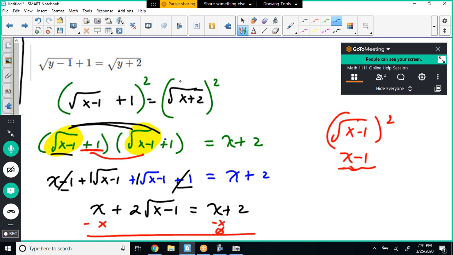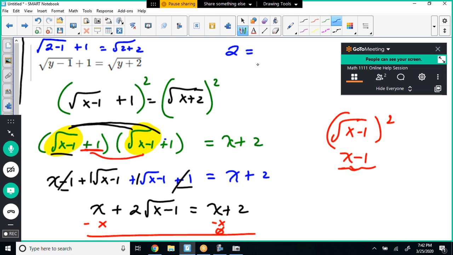Let's go up here. We're going to plug it in, right? 2 minus 1 plus 1, 2 plus 2. Well, 2 minus 1 is what? 1. And the square root of 1 is what? 1. 1 plus 1 equals 2.